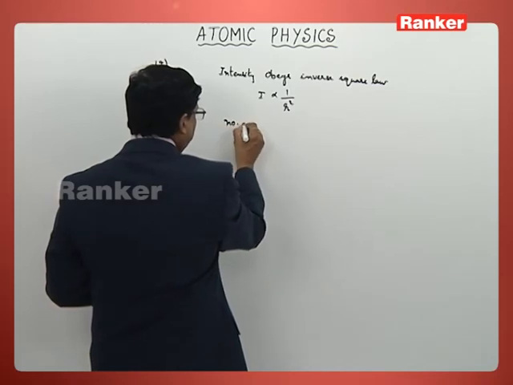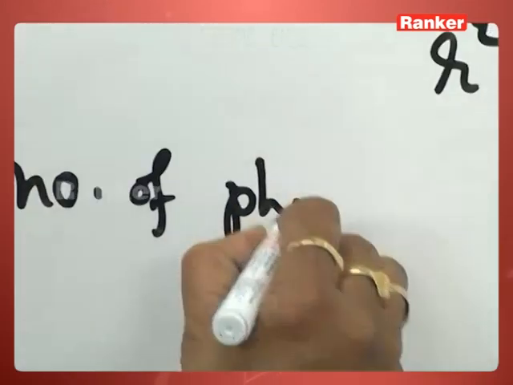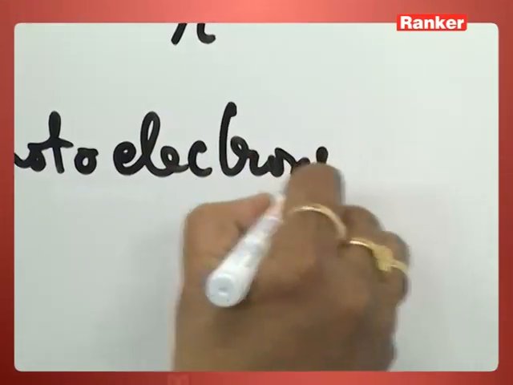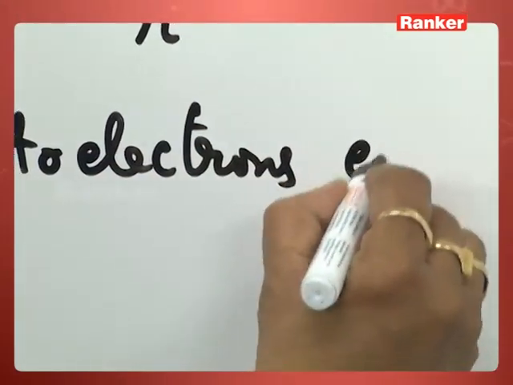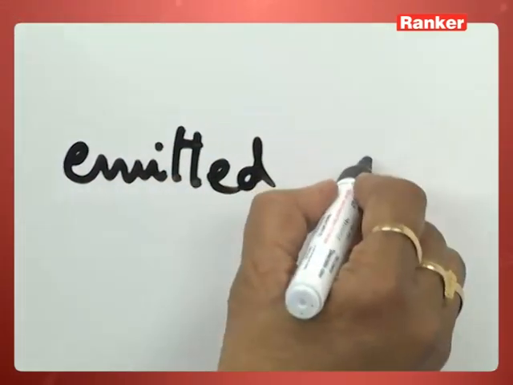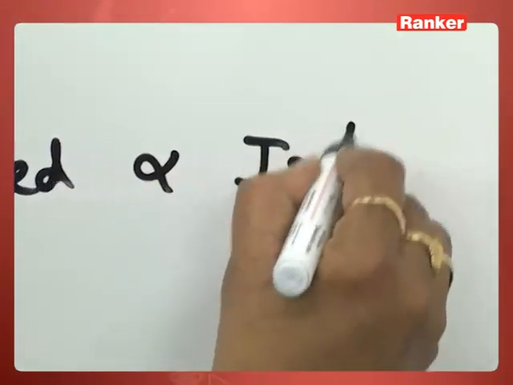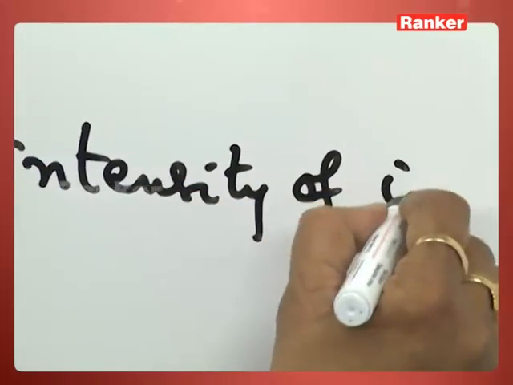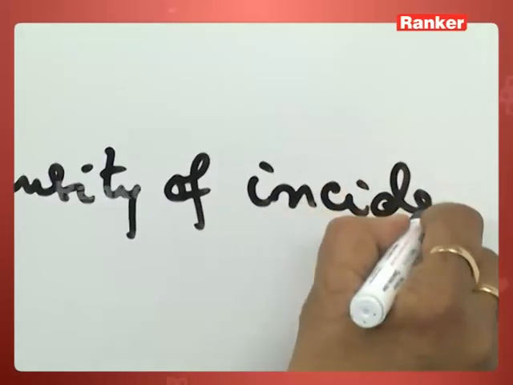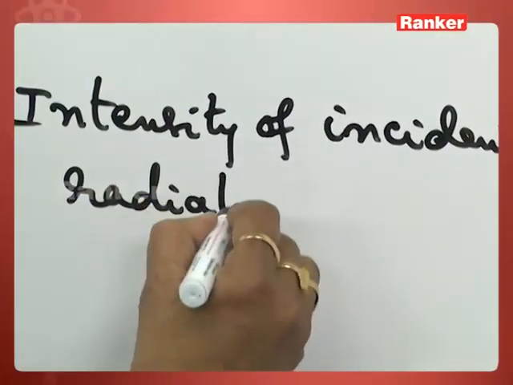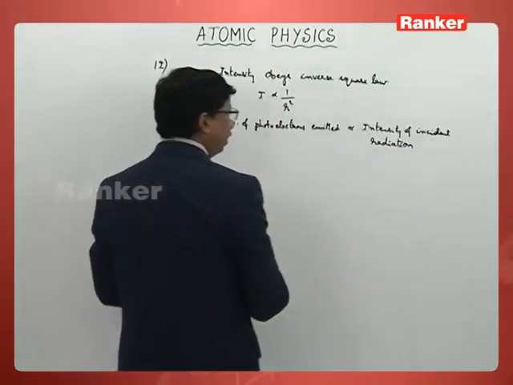And what else do we have to understand here? The number of photoelectrons emitted. Observe this wording. The number of photoelectrons emitted is directly proportional to the intensity of incident radiation. That is the concept you need to understand.